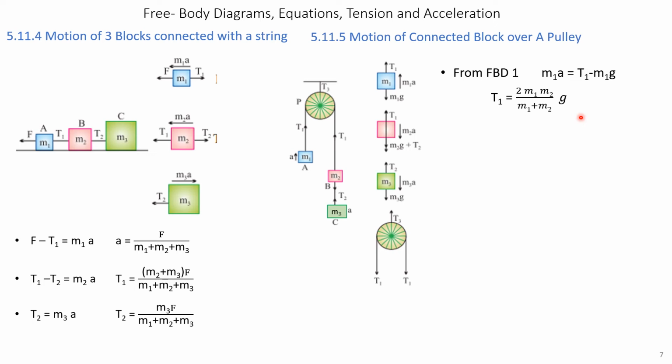and so we can calculate this T1. This is the answer: tension is 2M1 M2 divided by M1 plus M2. This you have to solve after writing all the free body diagrams.